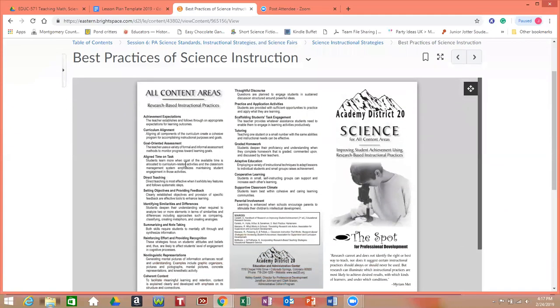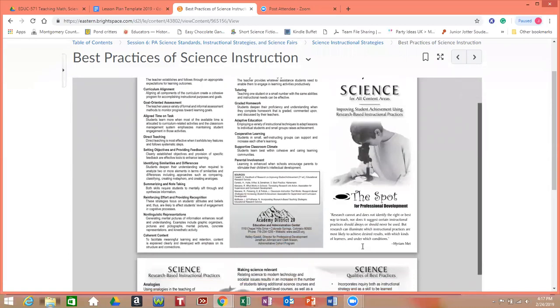So it talks about all content areas and, again, research-based instructional practices that kind of gives you a descriptor of those. I do like down here the quote they have: research cannot and does not identify the right or best way to teach, nor does it suggest certain instructional practices should always or should never be used. But research can illuminate which instructional practices are most likely to achieve desired results.